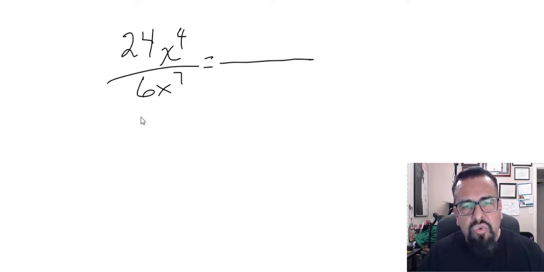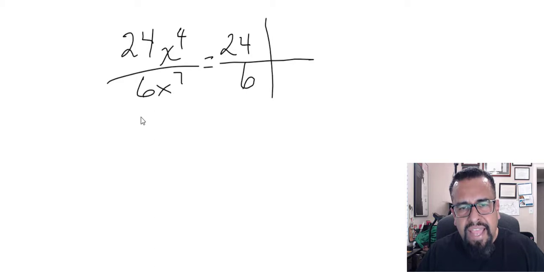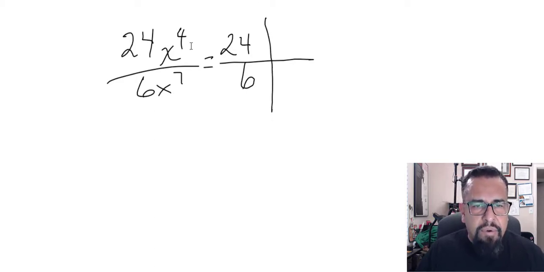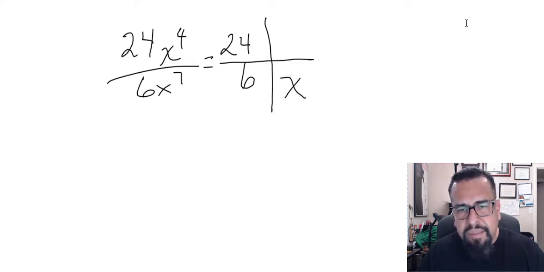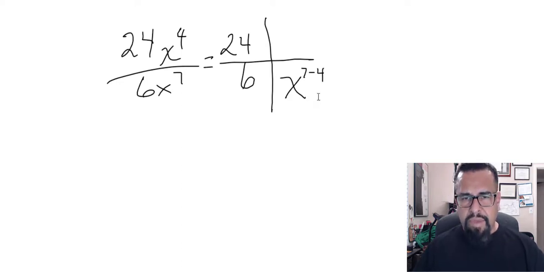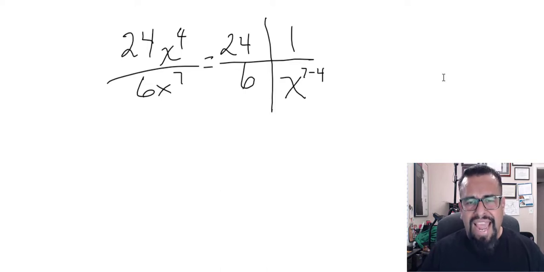So we have 24, and I'm going to write the 6 right underneath. And I want you to think of these as sections here. Then here, I have the x to the power of 4 and x to the power of 7. So simply I can write x to the power of 7 minus 4, right? Remember, up here, it's going to leave a 1. So that's what we have.